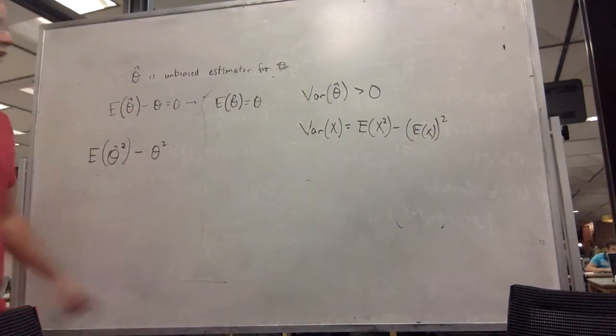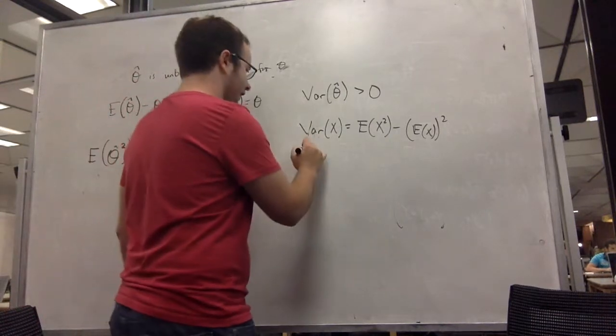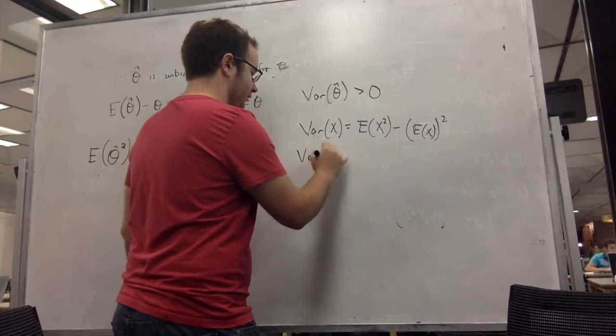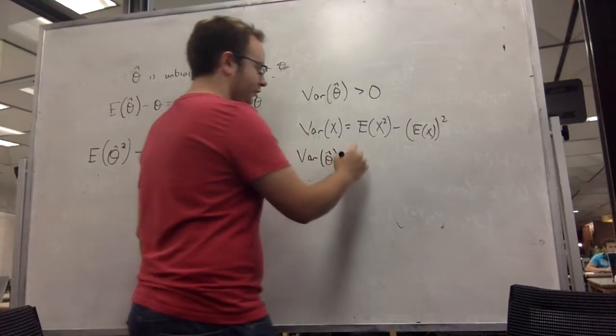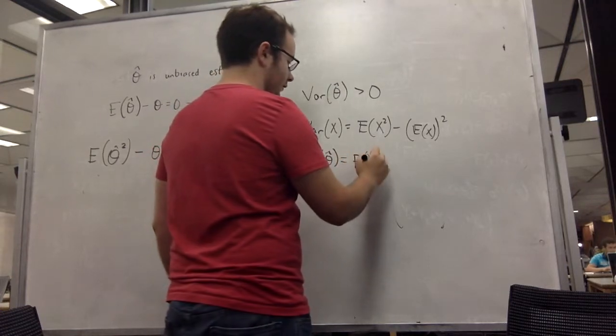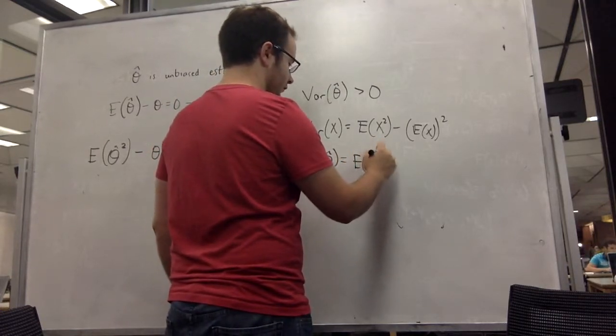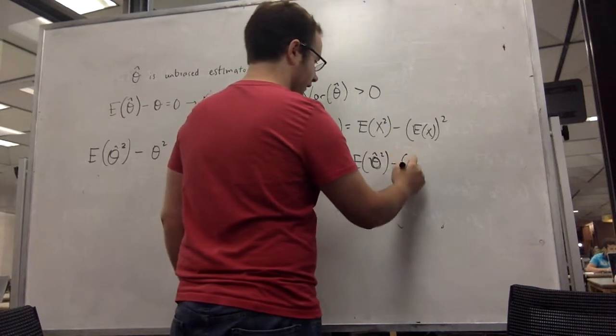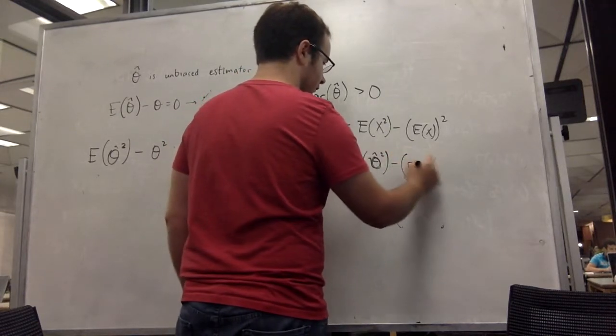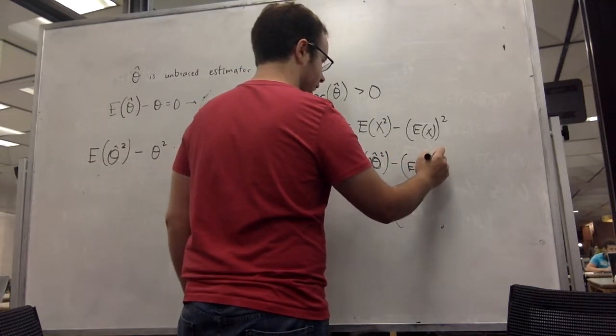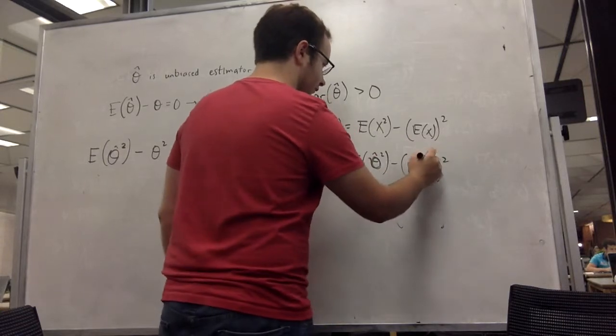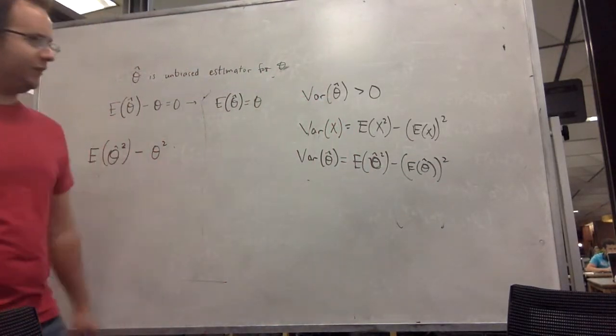Now, what do they tell us about the variance of theta hat? They said it is positive, but it would also be equal to the expected value of theta hat squared minus the expected value of theta hat, squared. What is the expected value of theta hat?